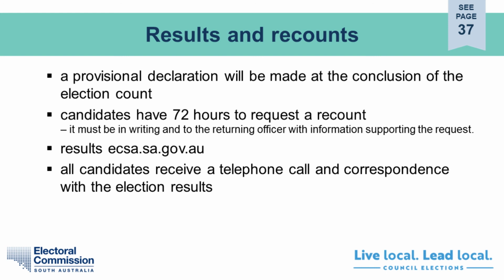The returning officer will determine the validity of the request. If there is reasonable grounds for a recount, it will be carried out as soon as possible, with sufficient time for candidates to arrange for scrutineers. Alternatively, the returning officer may initiate a recount. Scrutineers cannot request a recount.